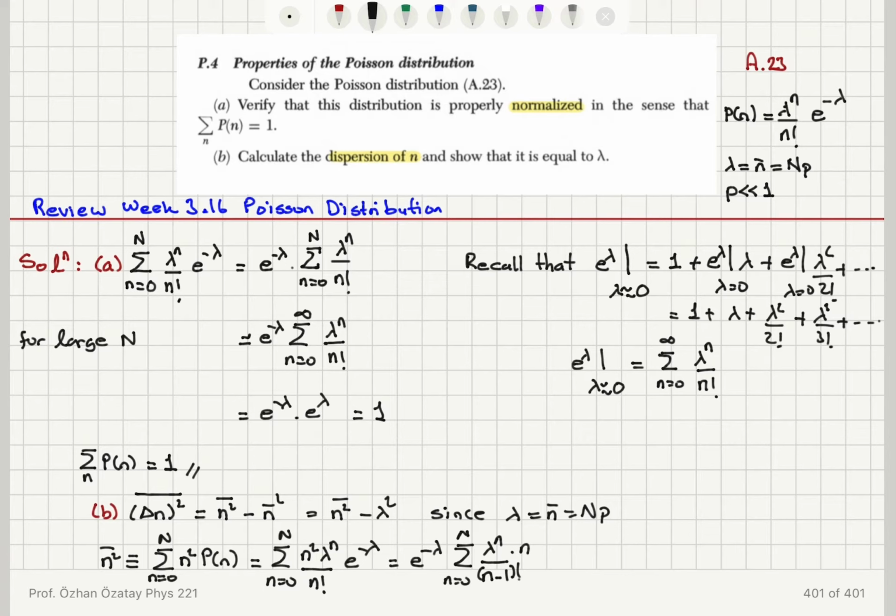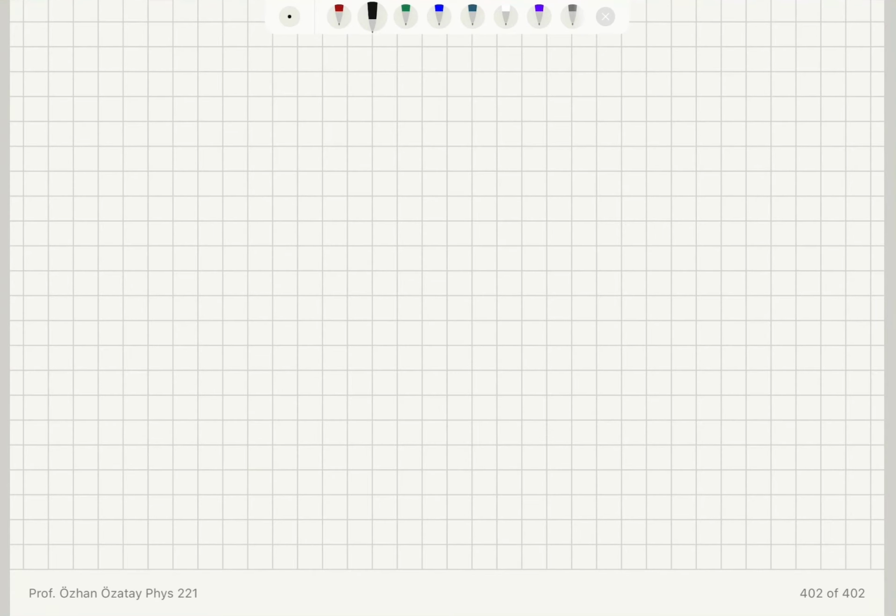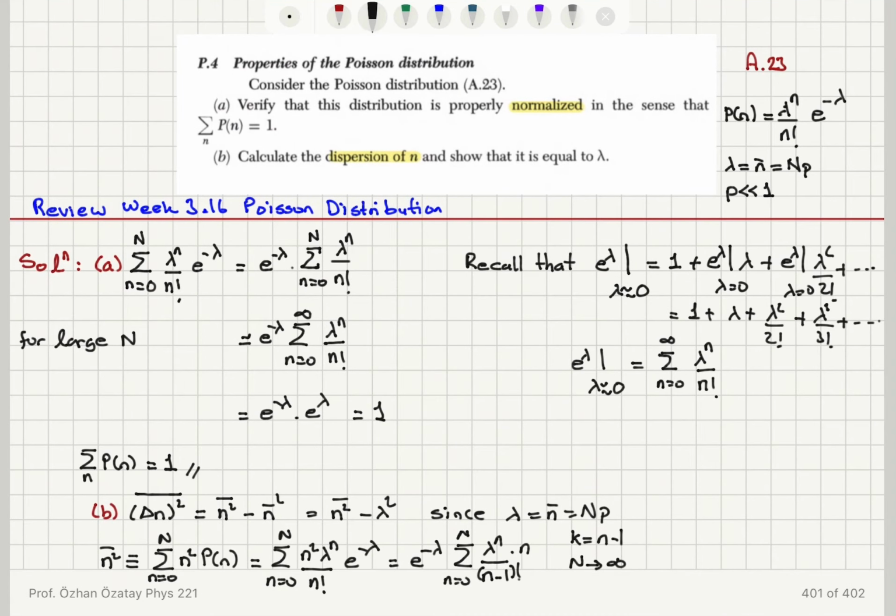Now we're going to substitute k equal to n minus 1, and we will assume that since capital N is large, it can be taken to infinity. So if we take this one step further, n squared bar is e to the minus lambda sum from, so you will notice that here if you put n equals 0, you already get a 0, so this starts from 1.